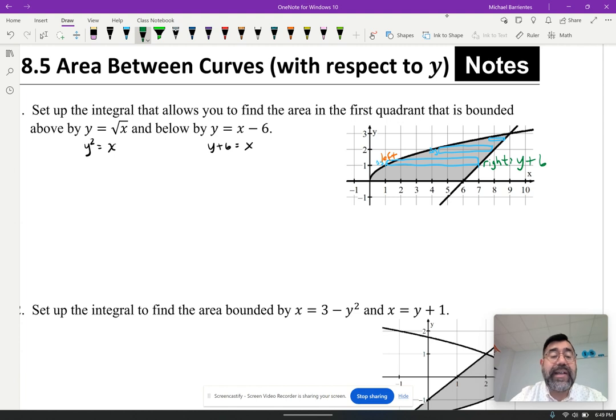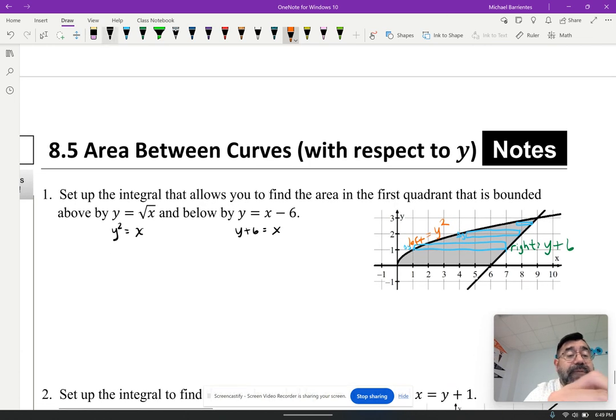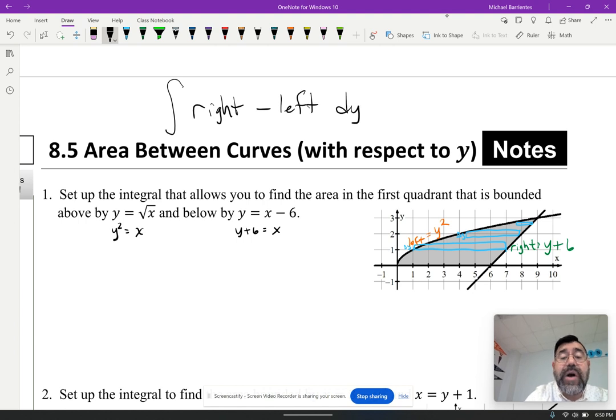And then the left side is this parabola, originally it was a square root, but the sideways parabola, that's going to be y squared. So according to the formula, now instead of doing top minus bottom, we're going to do right function minus left function dy.